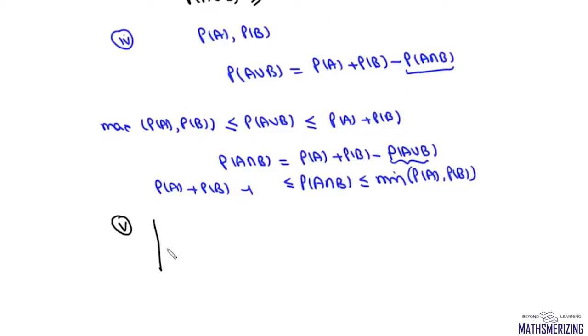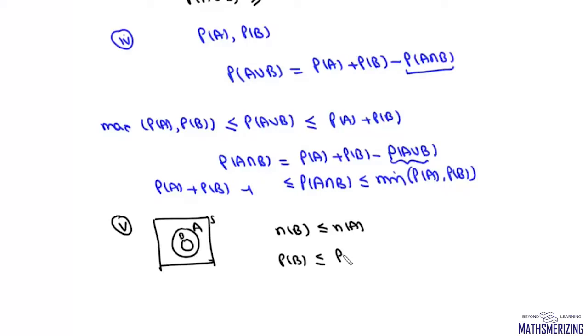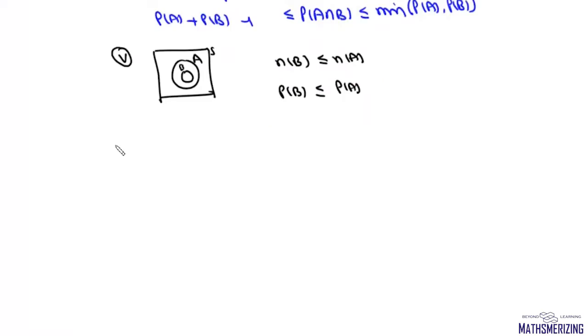Now, if one event is a subset of another, say for example, we have two events, A and B, and B is contained in A, then number of elements in B is always less than or equal to number of elements in A. So basically, probability of B will always be less than or equal to probability of A. Then there can be inequality relationships in conditional probability also.